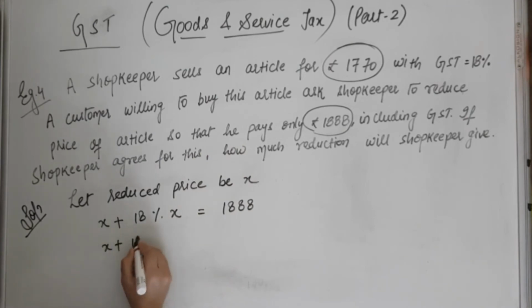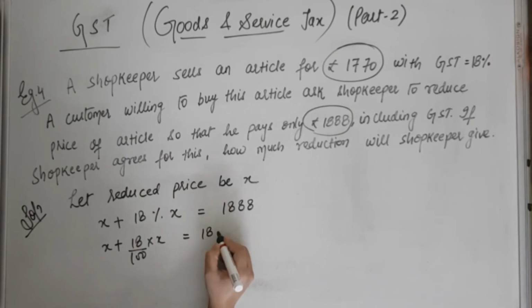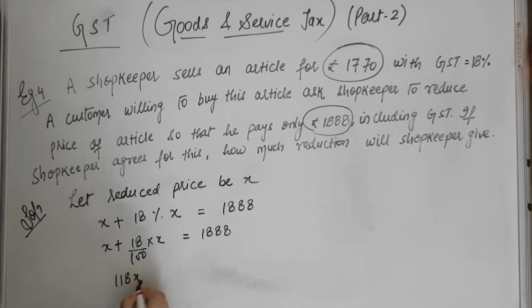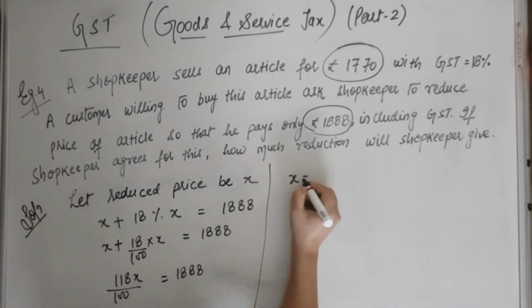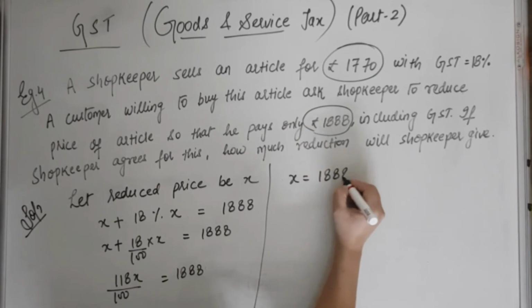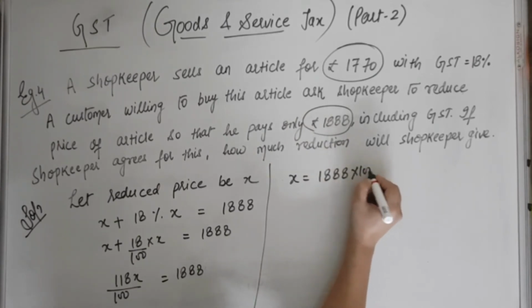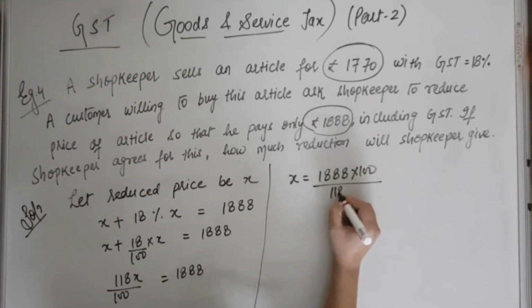So x plus 18 by 100 into x will be equal to 1888. So we'll take LCM, we'll get 118x by 100 equals 1888. Thus x will be 1888 into 100 by 118.